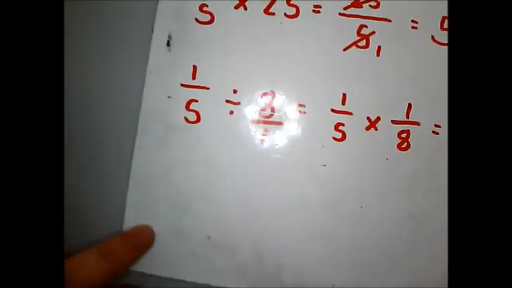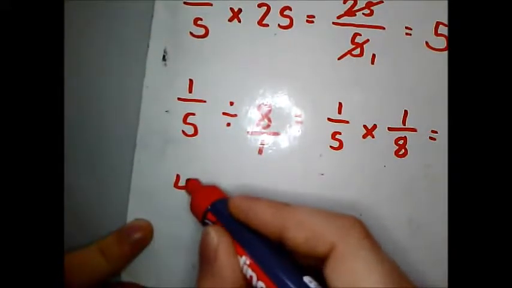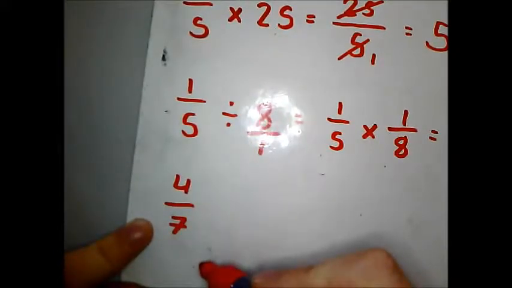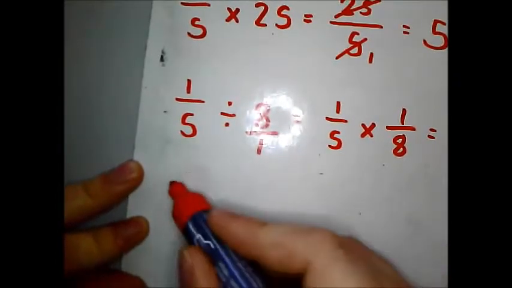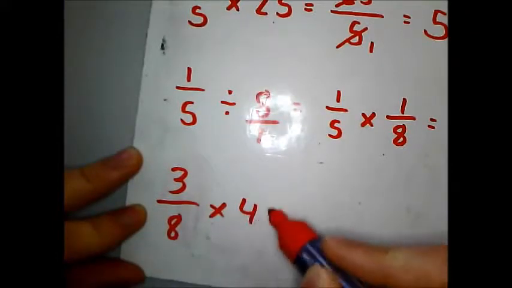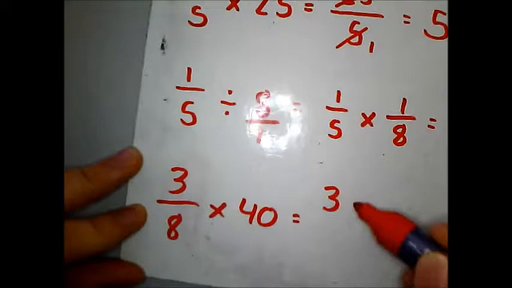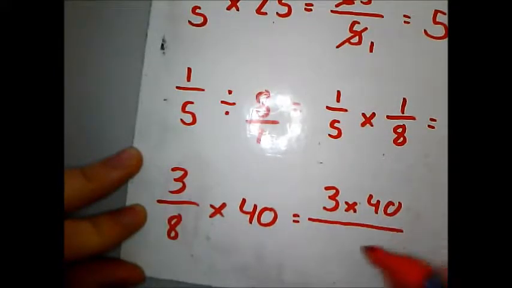Okay, next question. No, it's not that, it's 3/8 times 40. So here multiply the top numbers, so 3 times 40 all over 8.